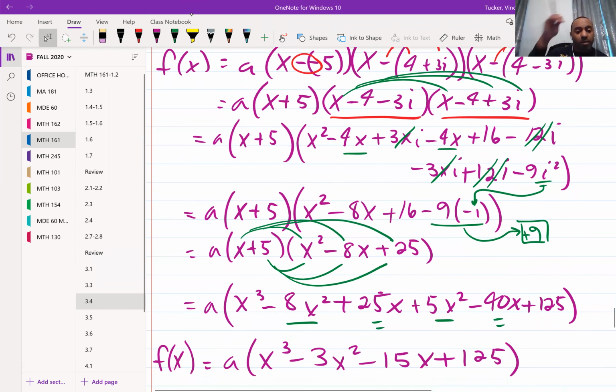Combine your like terms, that'll be x cubed minus 3x squared minus 15x plus 125. Any questions?